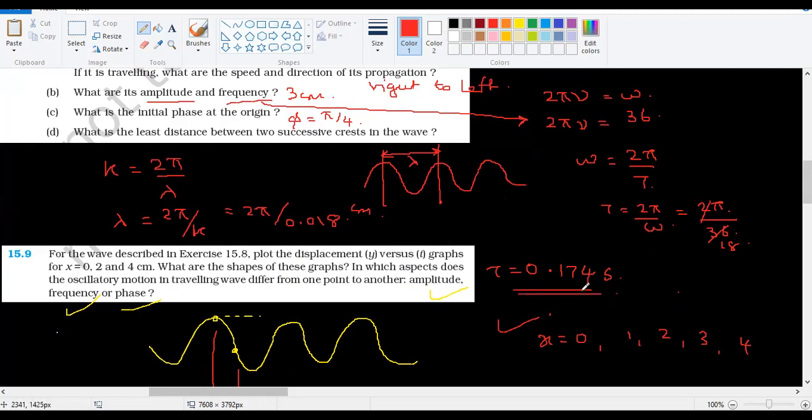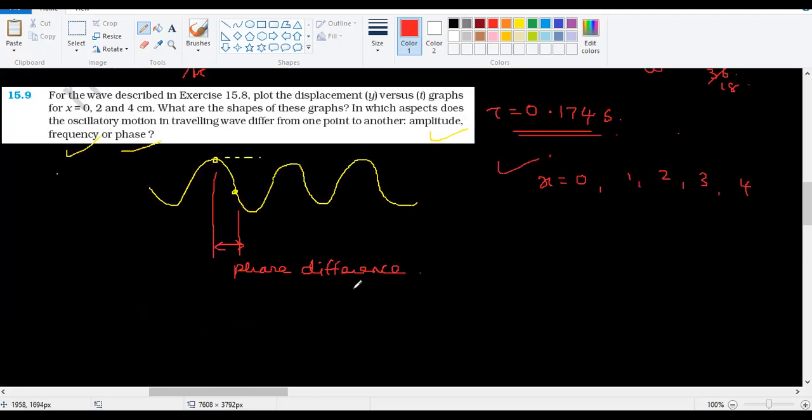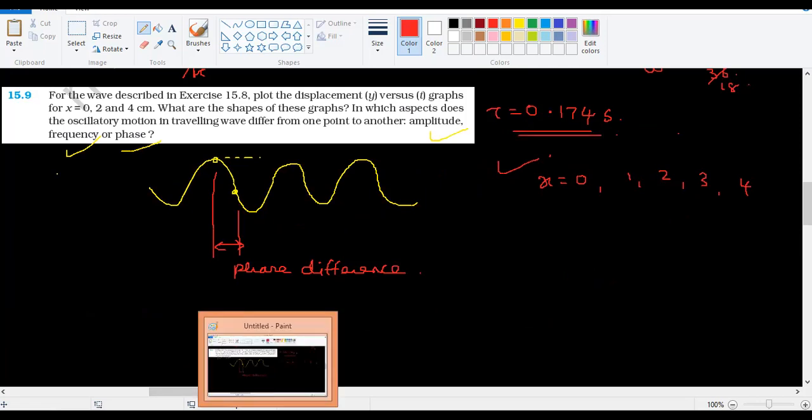Which means you may have to plot it for different time instances, such as 0.05 seconds, 0.1 seconds, 0.15 seconds, or something. For now I would say skip this because it involves some computer simulations. Only then you will be able to solve it.